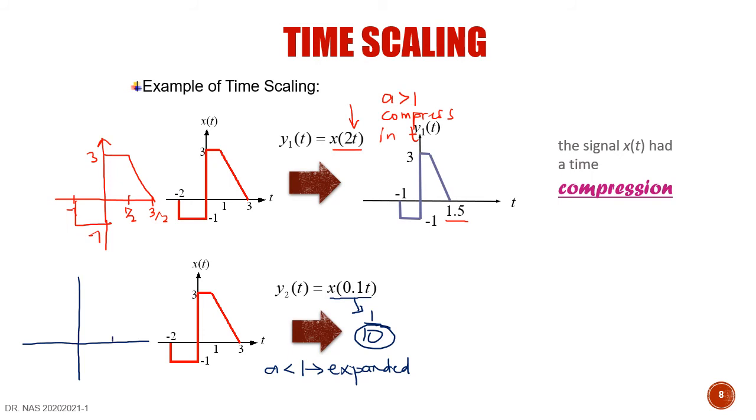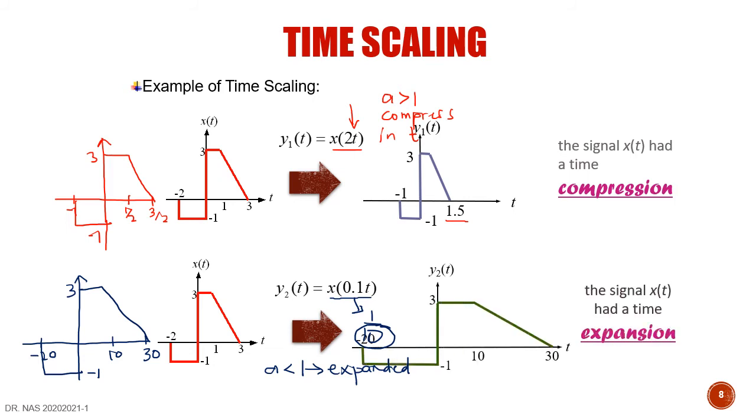So 1 becomes 10, 3 becomes 30, and negative 2 becomes negative 20. There are no changes on the amplitude. So now the signal is being expanded, getting bigger, and the amplitude remains the same.